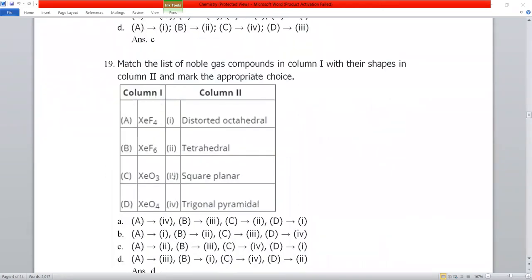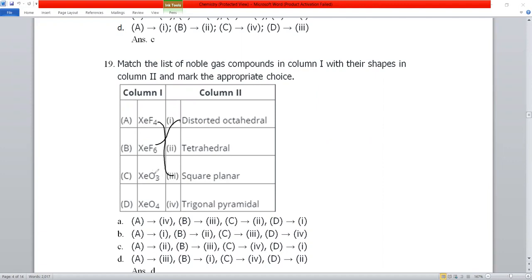Match the following list of noble gas compounds, column 1 and column 2, their structures they are asking here. So XeF4 is the square planar complex, and XeF6 is, as we have just seen, distorted octahedral. XeO3 is a pyramidal shape, trigonal pyramidal.